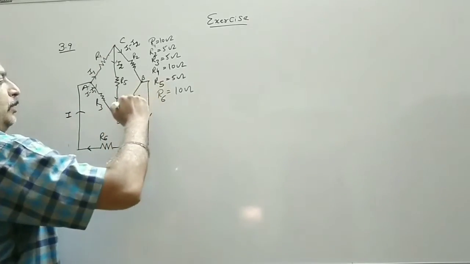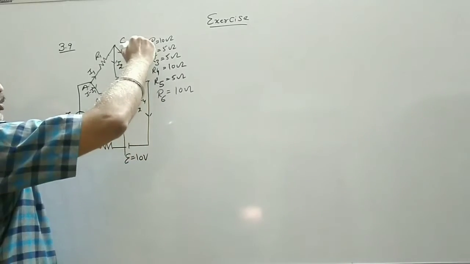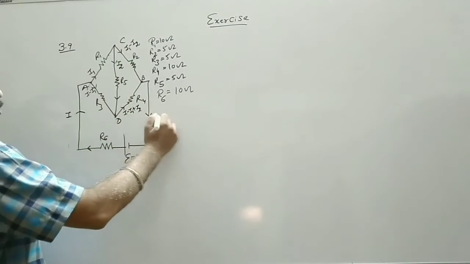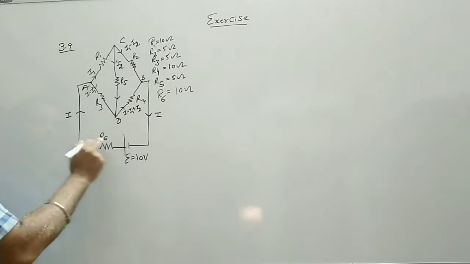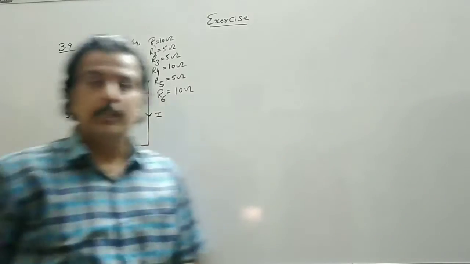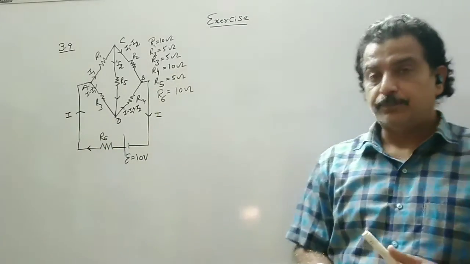Now both the currents come at junction B. So I2 gets cancelled with this plus I2, and plus I1 minus I1 also cancels. So I goes into the Wheatstone bridge and I comes out from the Wheatstone bridge. It means the distribution of the current is properly done.